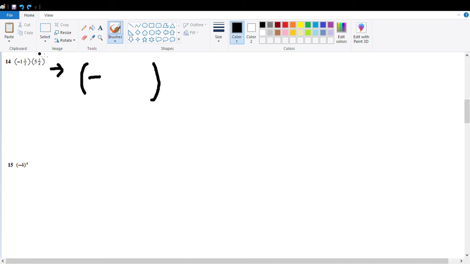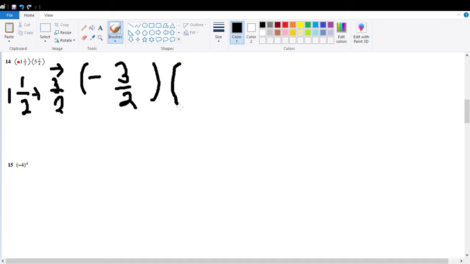Let me change the color. We're going to ignore the sign. Boom. And we're going to just do it regularly. So 1 and 1/2 is basically 1 in improper. 2. What's the number at top? 2 times 1 is 2, plus 1 is 3. So our improper fraction will be negative 3 over 2.